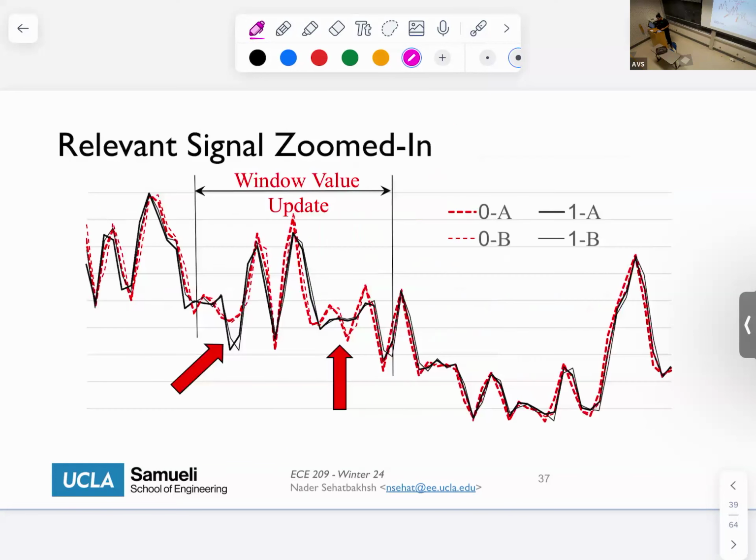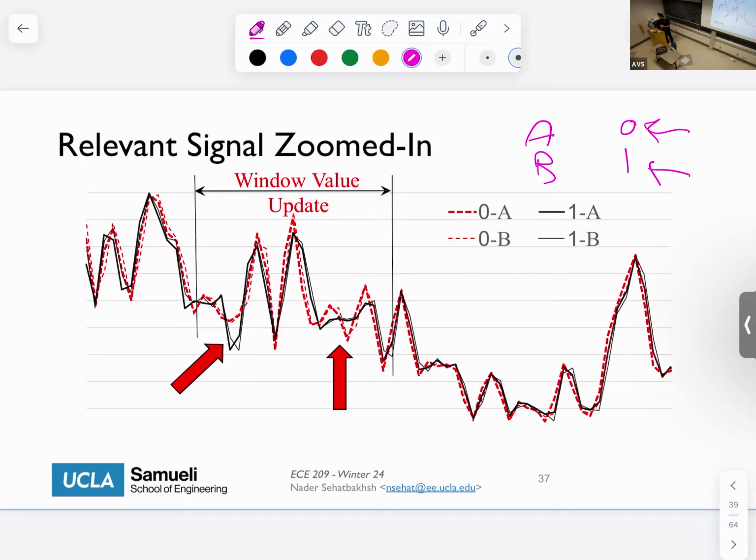And then you will see that there are multiple different versions of this instance that you can look at. For example, if you have a device A or device B, and then you have 0 and 1 versions of each one. So if your secret is 0 versus if your secret is 1, you will see that there's actually a very clear difference between them.